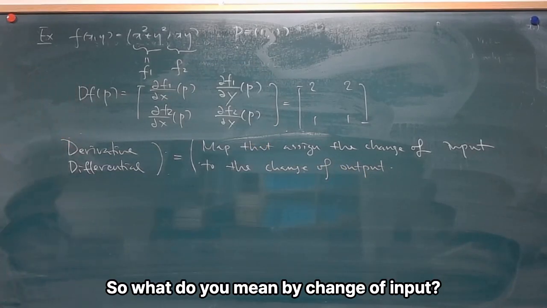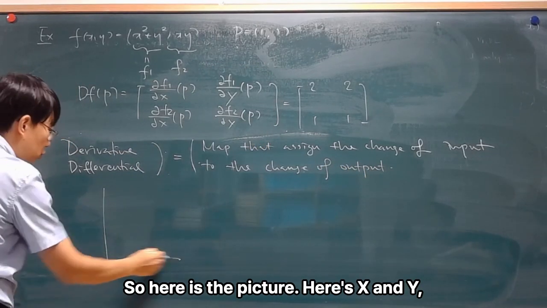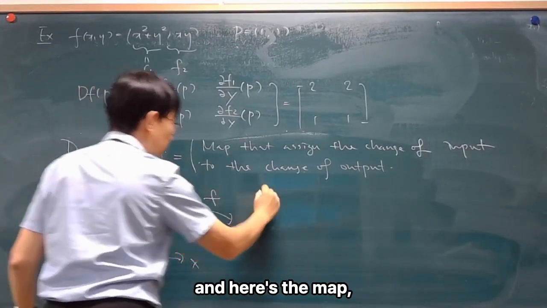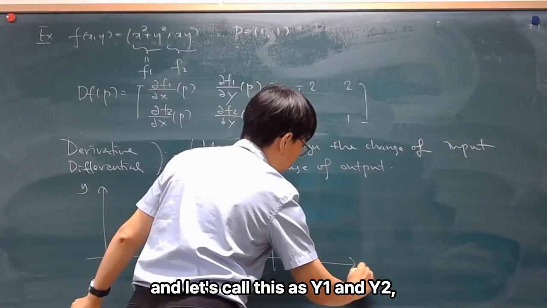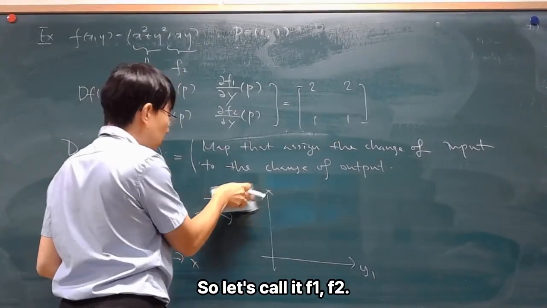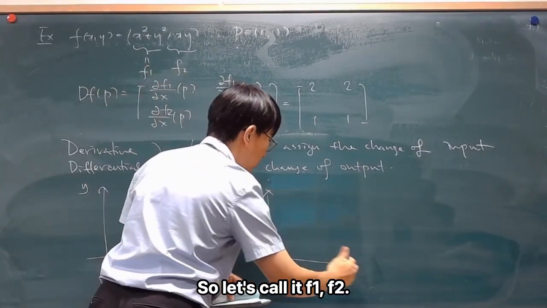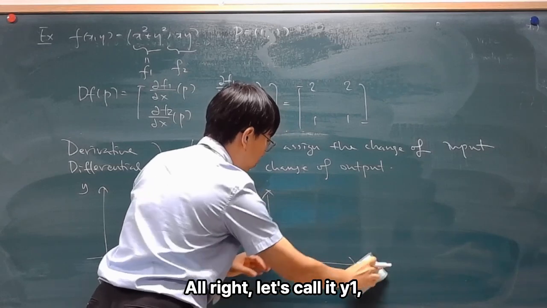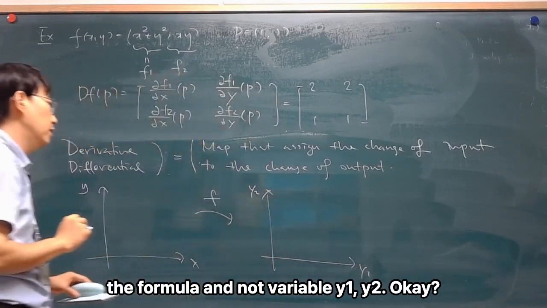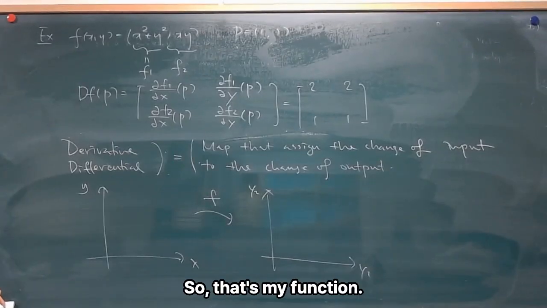So what do you mean by change of input? Here is the picture. Here's x and y, and here's the map. Let's call these y1 and y2, because f1 usually represents the formula and not the variable. So that's my function.